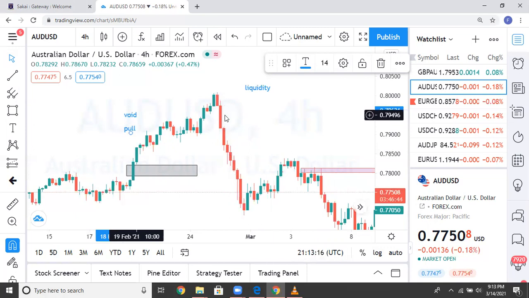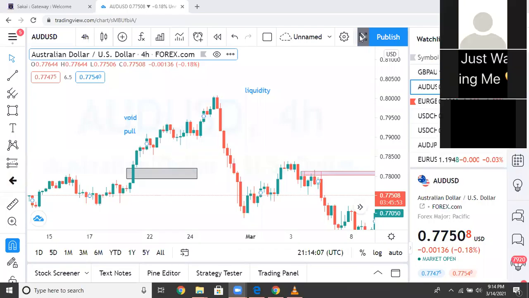There is no order block in it. You see, that's a liquidity pool.